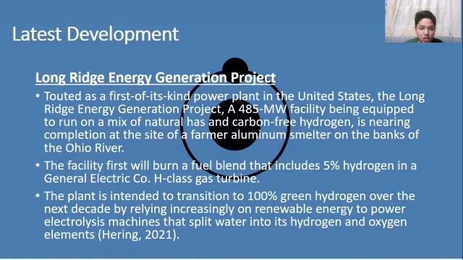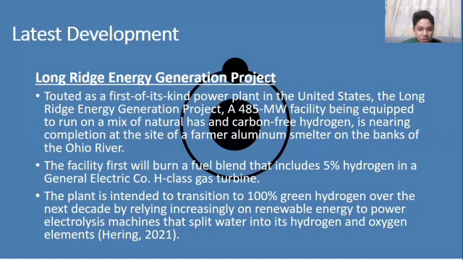Long Ridge Energy Generation Project. Touted as a first-of-its-kind power plant in the United States, the Long Ridge Energy Generation Project, a 485 megawatt facility being equipped to run on a mix of natural gas and carbon-free hydrogen, is nearing completion at the site of a former aluminum smelter on the banks of the Ohio River.